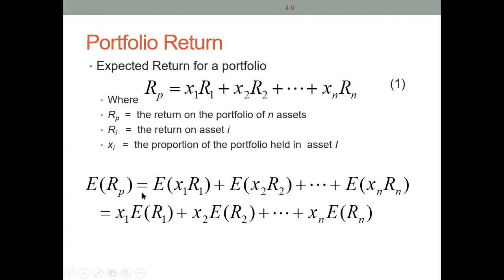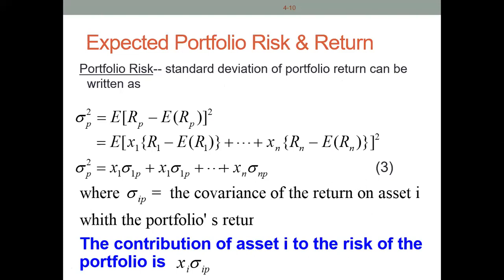Expected return of a portfolio is equal to the sum of, this is E for the summation, x1 r1 plus x2 r2, it's a multiplication, and so on and so forth. So this is a simple formula of portfolio return calculation, and I will show you later in my Excel sheet calculation.